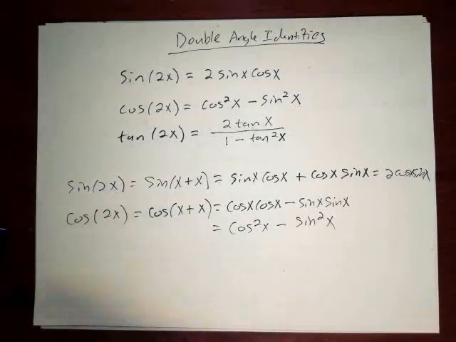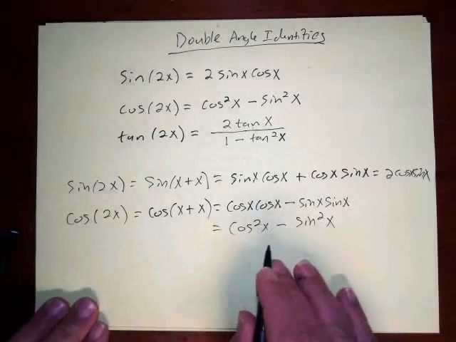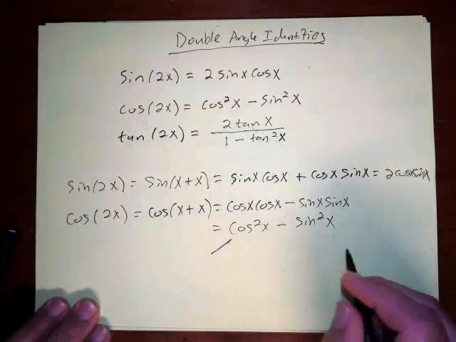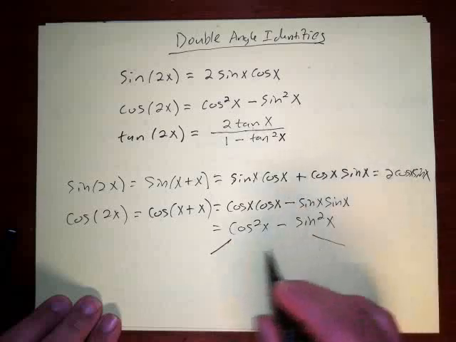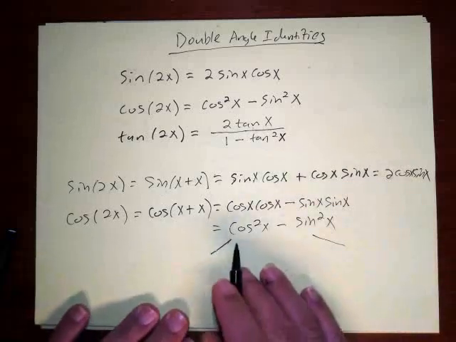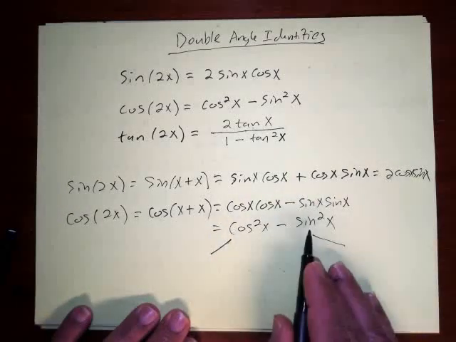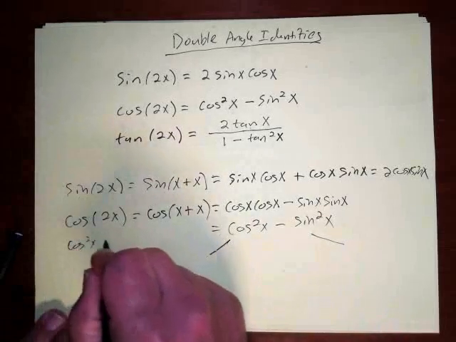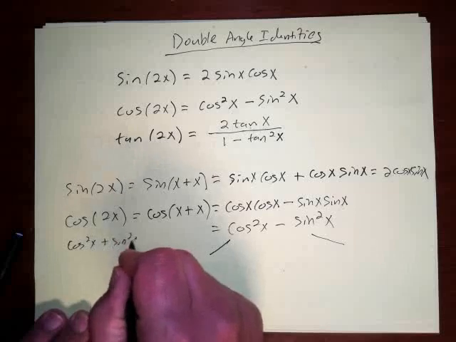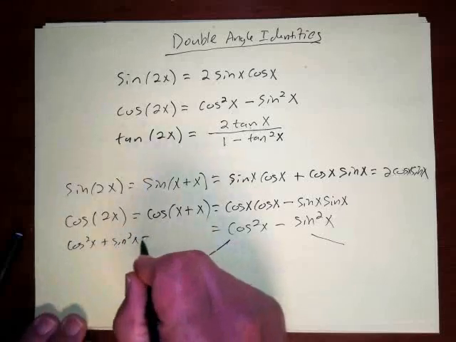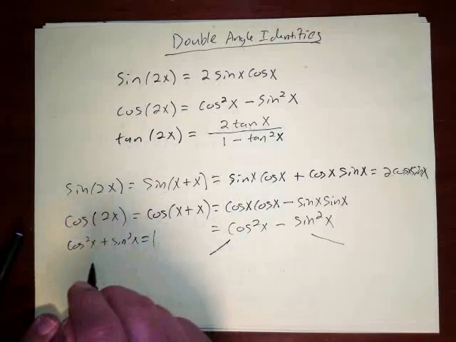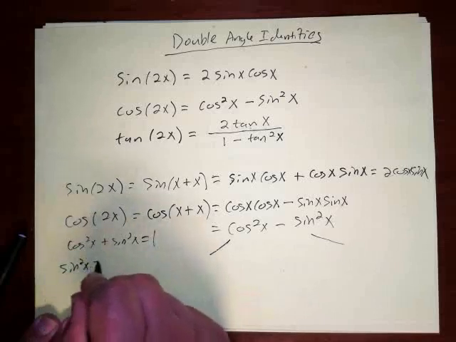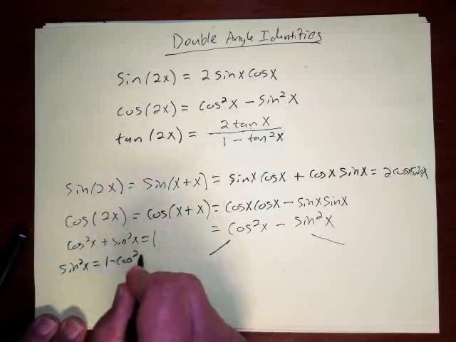So let me show you one other thing, is that oftentimes this thing can be changed into two other possibilities by using the Pythagorean identities. So let me show you, cosine squared x plus sine squared x is equal to 1, so I could write sine squared x is equal to 1 minus cosine squared x.